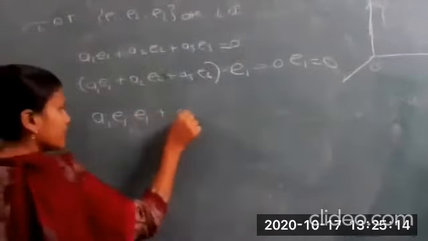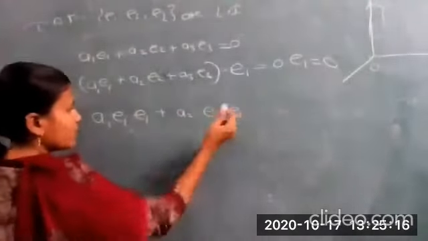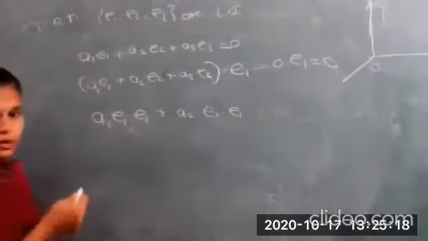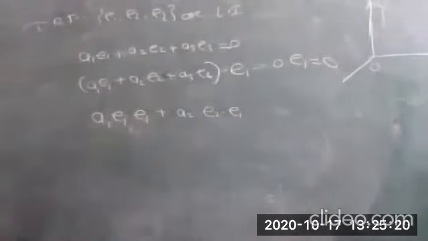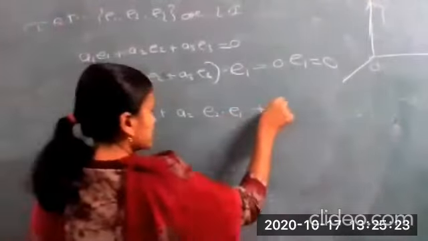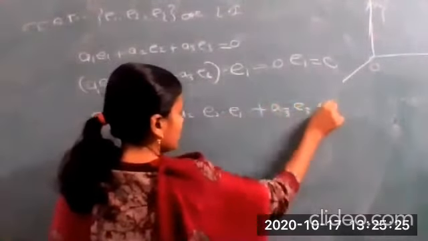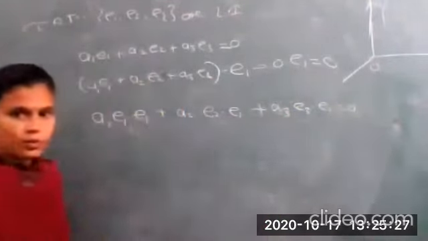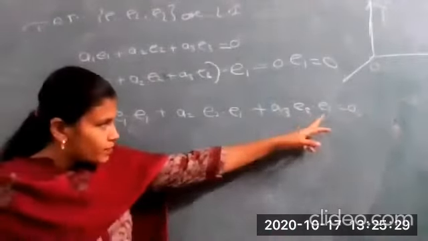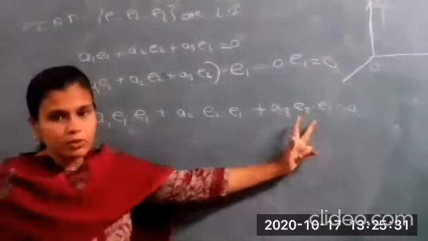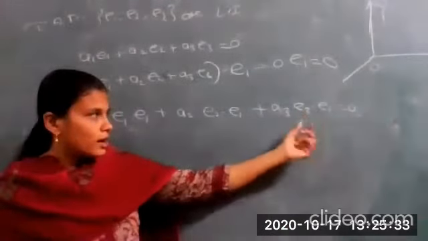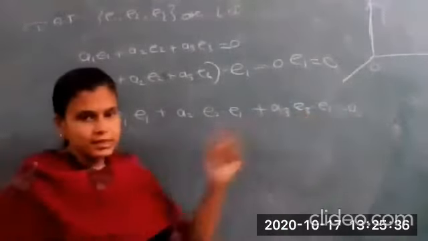Plus A2 as it is, E2 dot E1, obviously it is equal to 0 because the dot product between the x and y axis is 0, plus A3, E3 dot E1 is equal to 0. Correct? What is the dot product of E1 with E3? Obviously equal to 0 because this is nothing but your z and x axis.